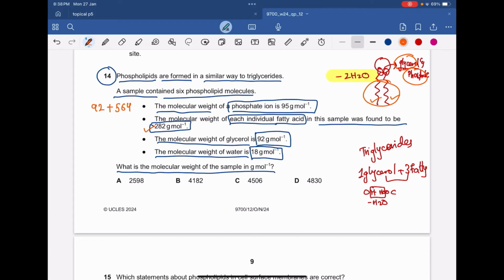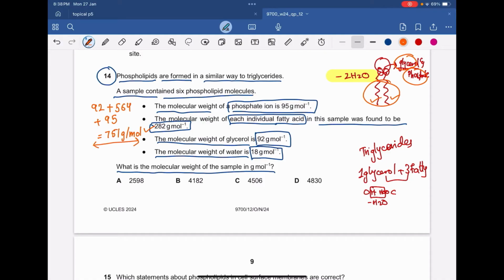Then we will add one phosphate group which is equal to 95. So the total we are going to get is 751 grams per mole. This is the total without the water loss.